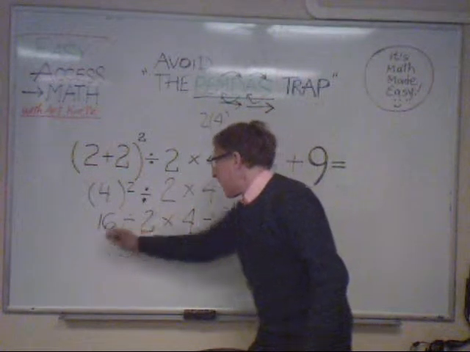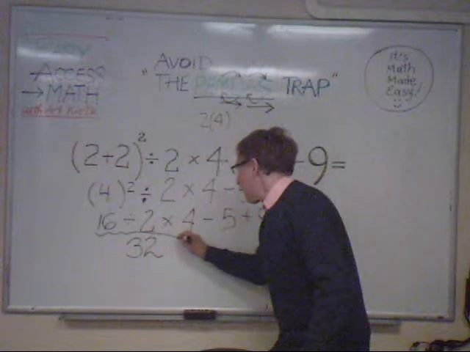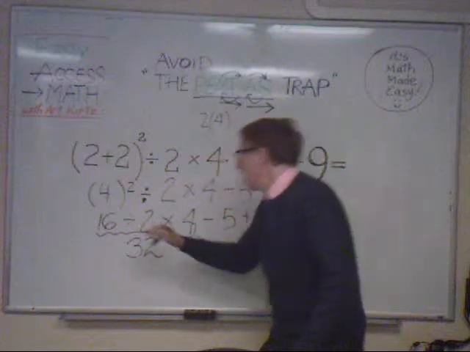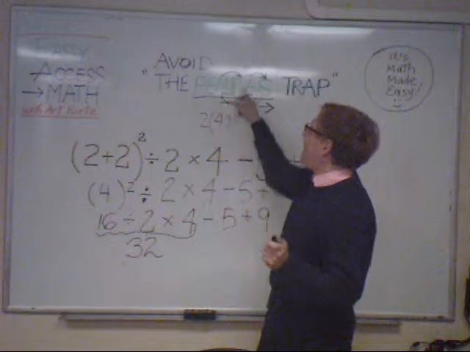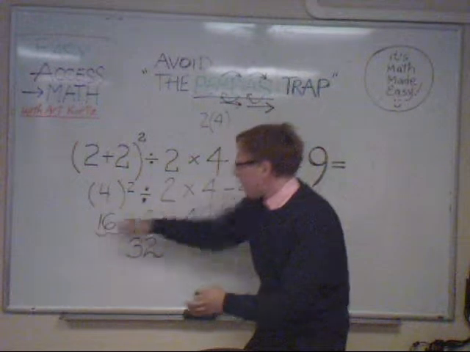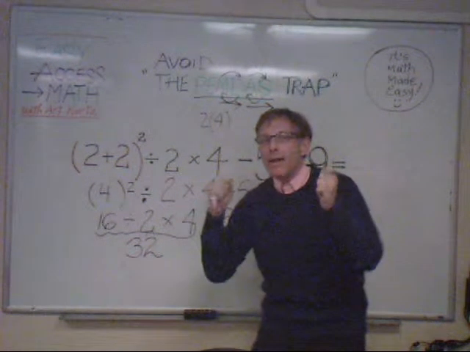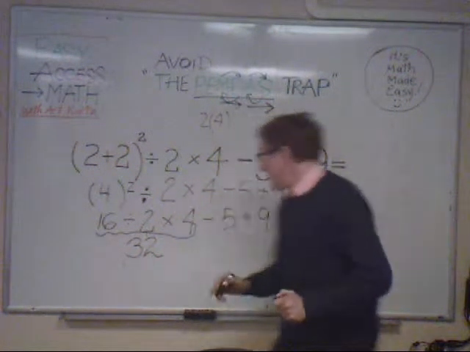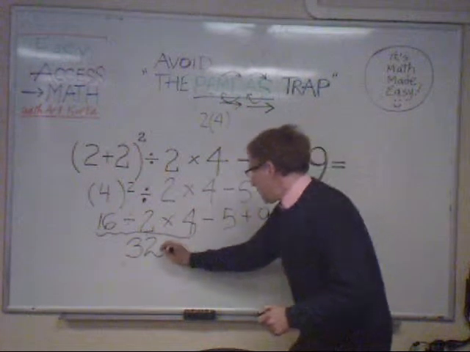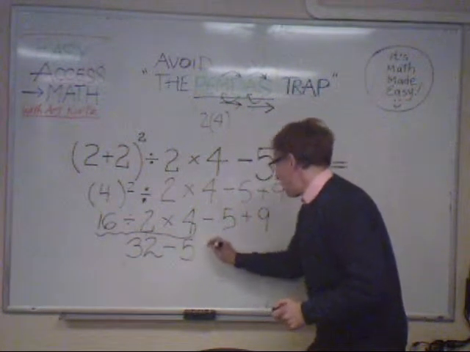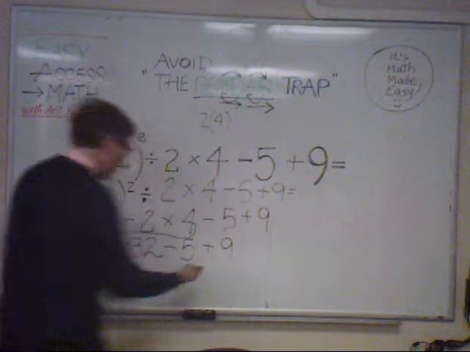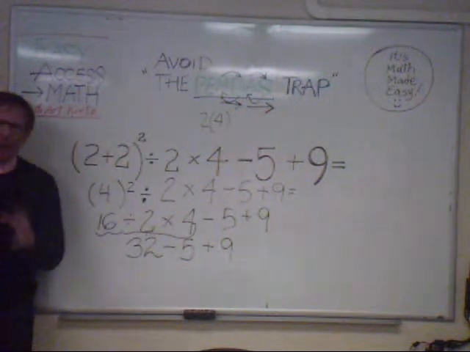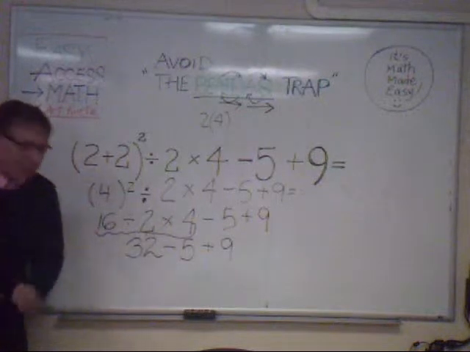I just worked out this entire multiplication and division going from left to right. I didn't follow this exactly and do the multiplication first. I went from left to right. That's how I avoid the PEMDAS trap. So I have 32 minus 5 plus 9. And here again, the trap can rear its ugly head and get you.